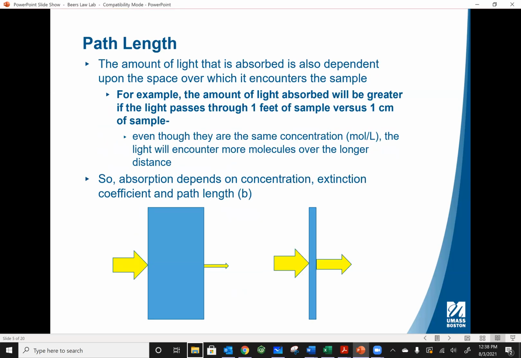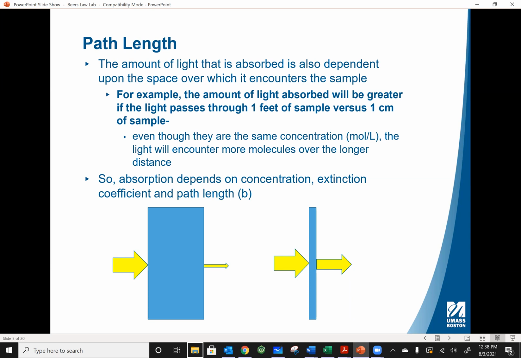Okay. So when we are measuring absorbance, there are some other factors that we need to take into account. The path length, or the distance that the light travels through a sample, is also important in reading absorbance.